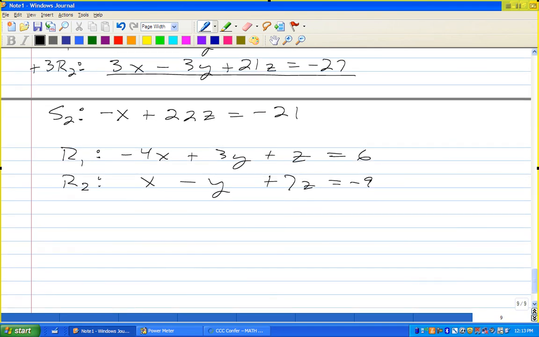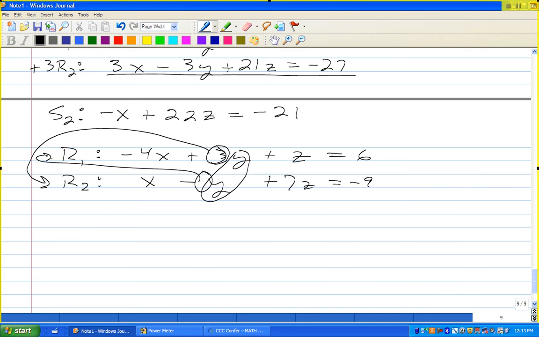So what I could do here is, if I want to eliminate the y, I take whatever number's here, put it there. Whatever number is here, I multiply that. This was a 1, so I multiply this guy by 1.